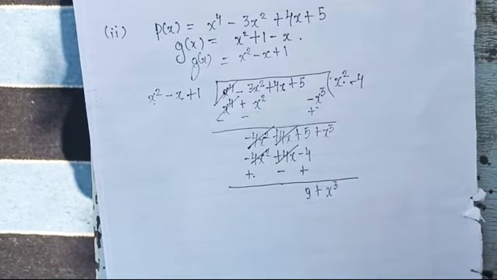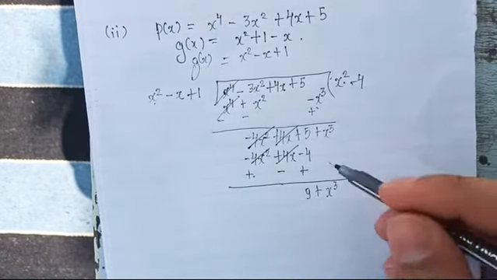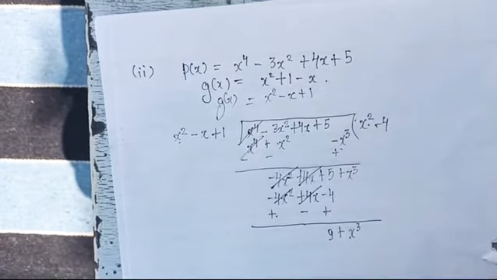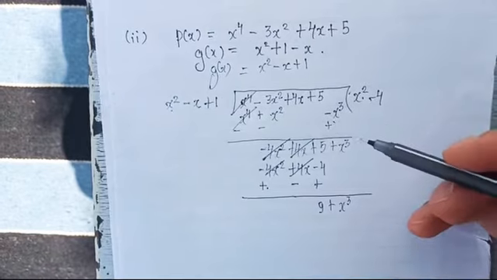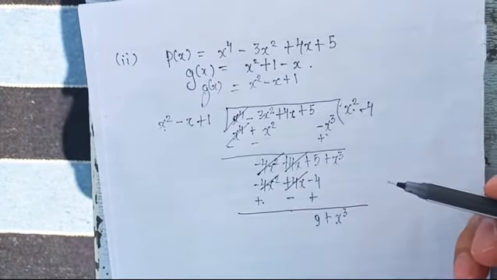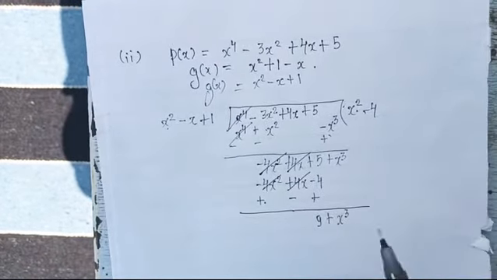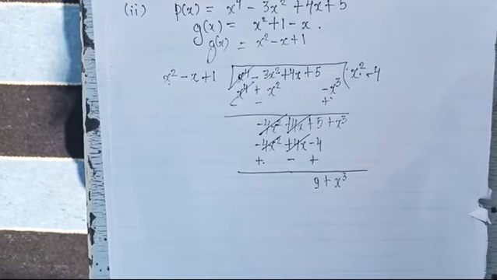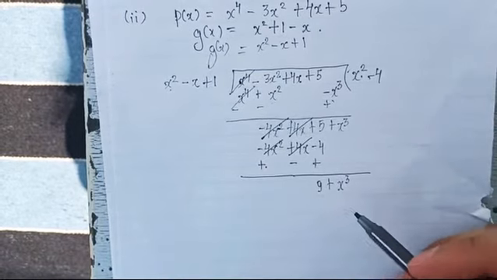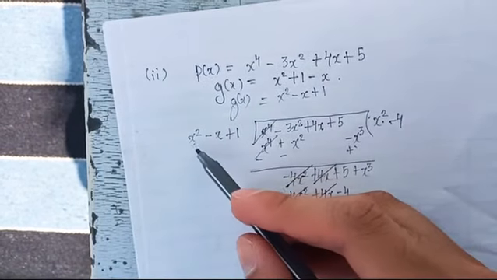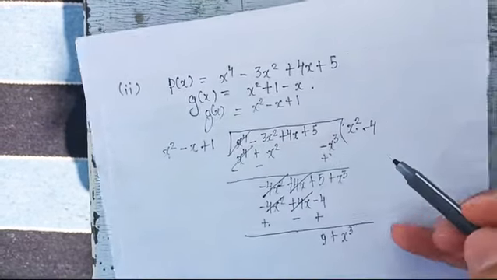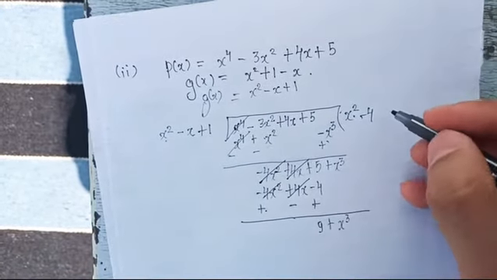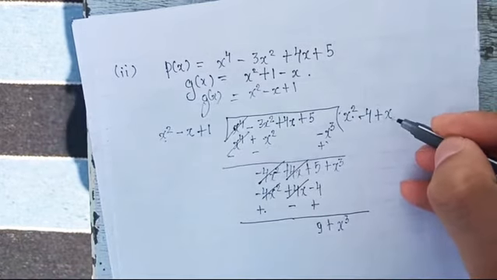Okay, now you see 9 plus x cube is written here, and here the degree is greater than the divisor, so we can further divide the polynomial. So how will we further divide it? In x square, we will multiply with x, so as to obtain x cube. Okay, so here I am writing plus x.